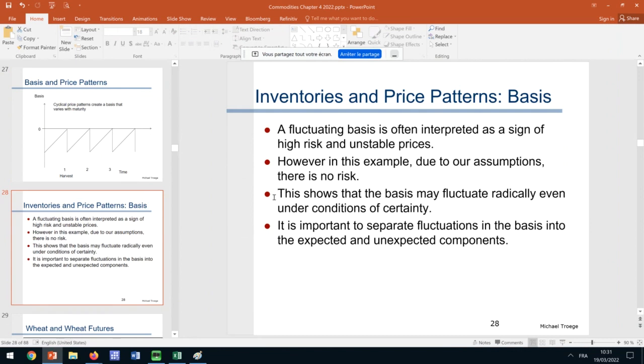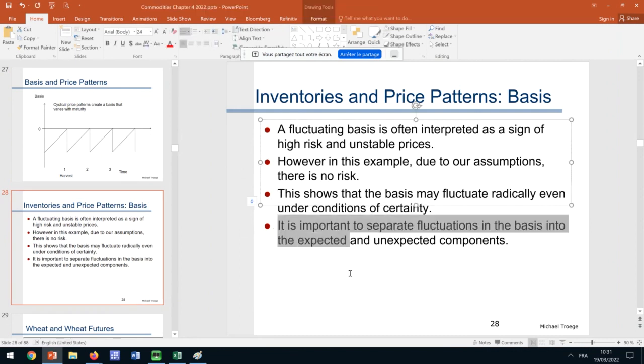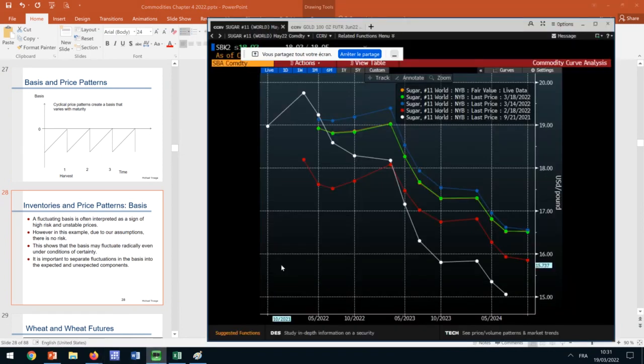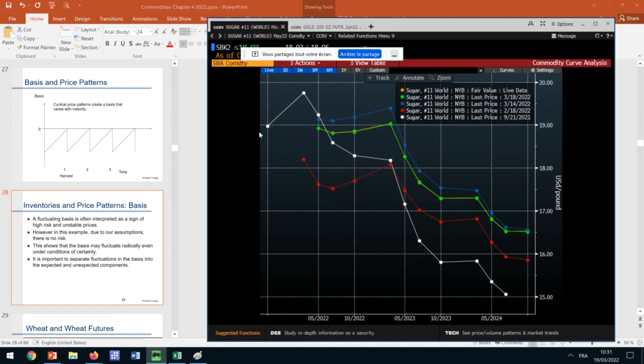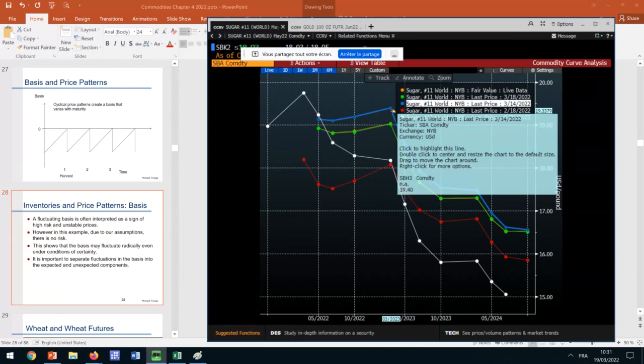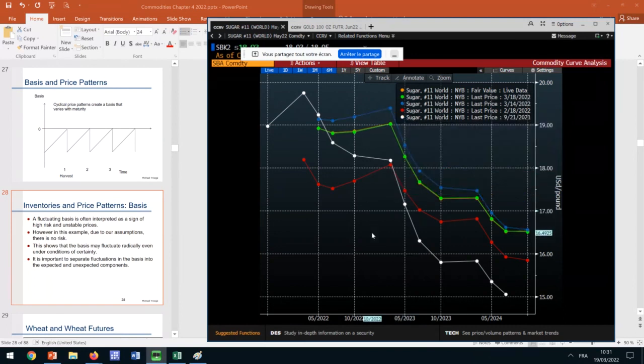So clearly the prices go up and down, and the basis is fluctuating because the difference between the spot and the futures prices depends on the maturity, but it remains constant over time.